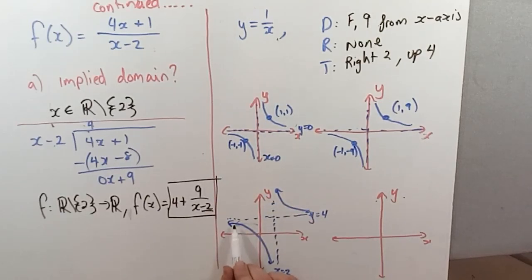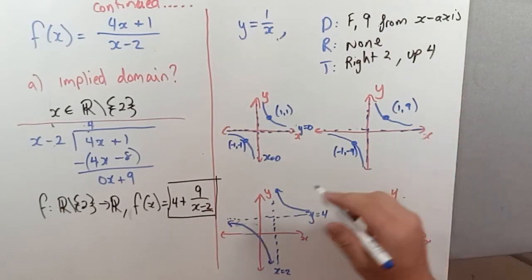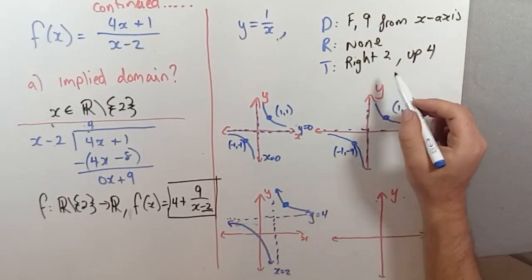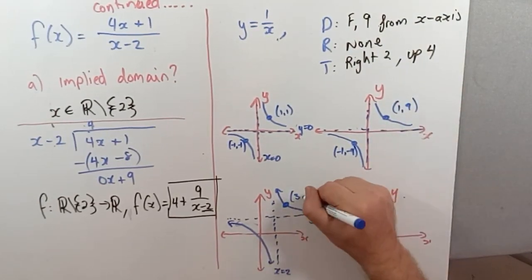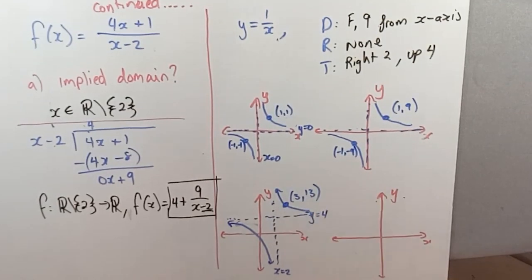So how do I know to go below the line, to cross the x-axis before the y-axis and not cross the y-axis then the x-axis? Well, you're going to have to check. That's basically what it comes down to. So this is going to be right 2, so that's going to be 3, and up 4 takes it to 13.